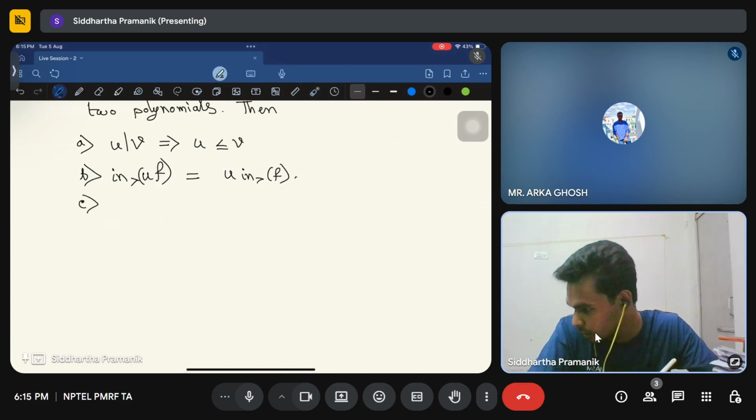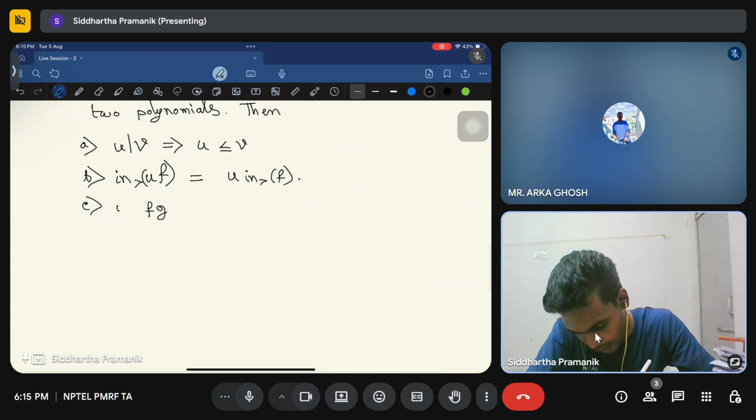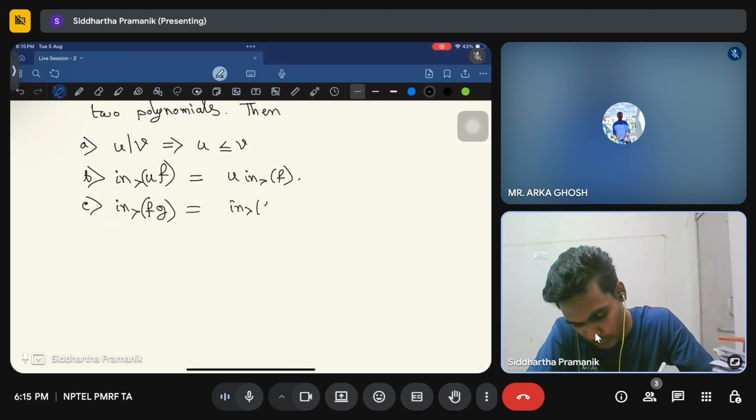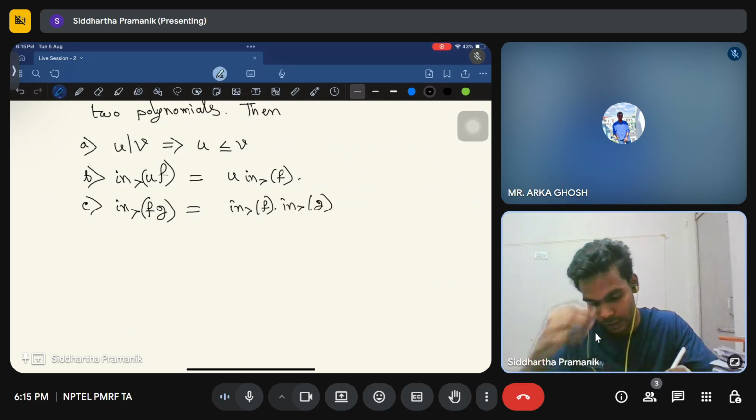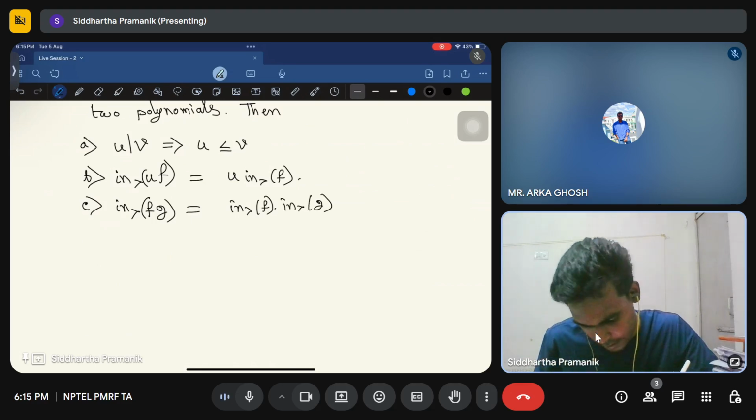And the third is, if we take the product of these two polynomials f and g and take the initial term, then it is basically the product of the initial terms of the individual polynomials. These things are somewhat a generalization of the single variable cases.